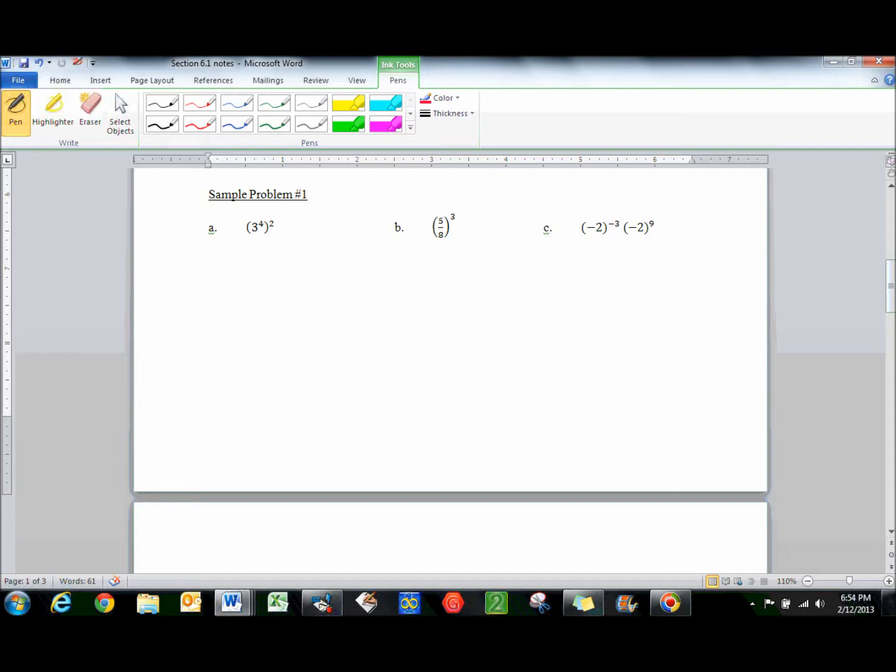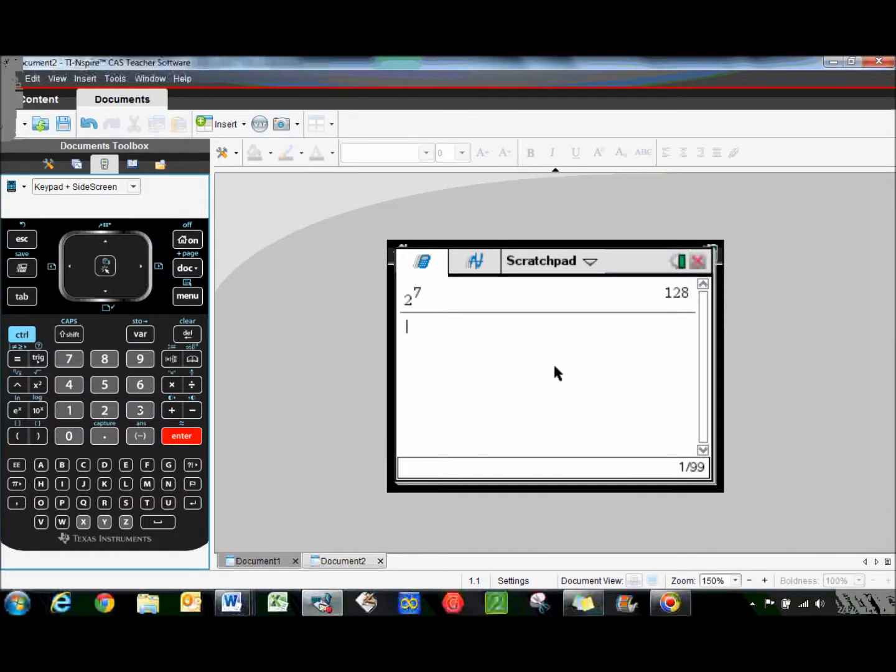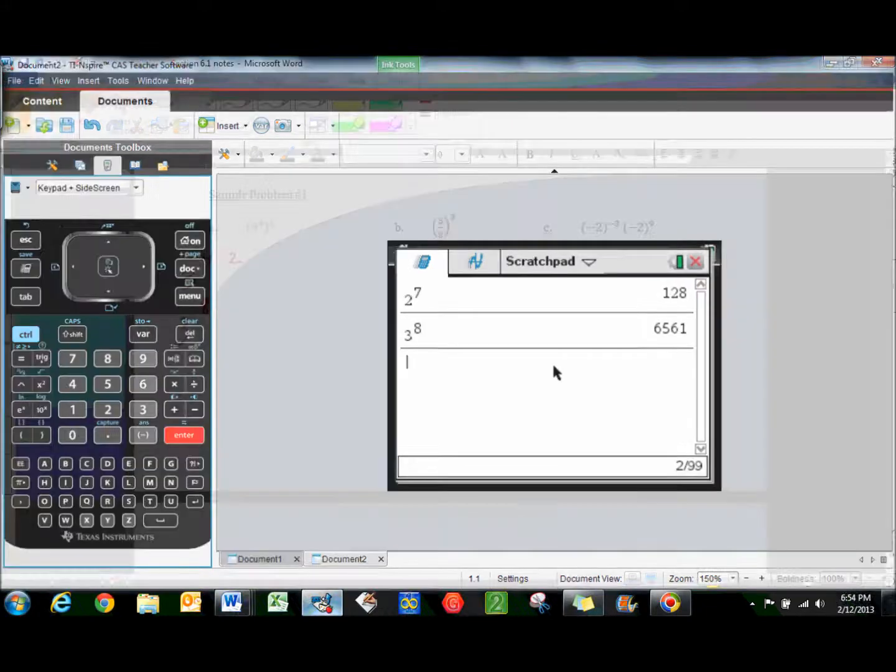Okay, so if we're simply using each of our properties, and we look at our first one, it's a power of a power property, so the base is 3. And so we're going to be multiplying the 4 times the 2, which is going to give us 3 to the 8th power. And of course, if we punch this into our calculator, we get 3 raised to the 8th power, and that's going to give us a value of 6,561.